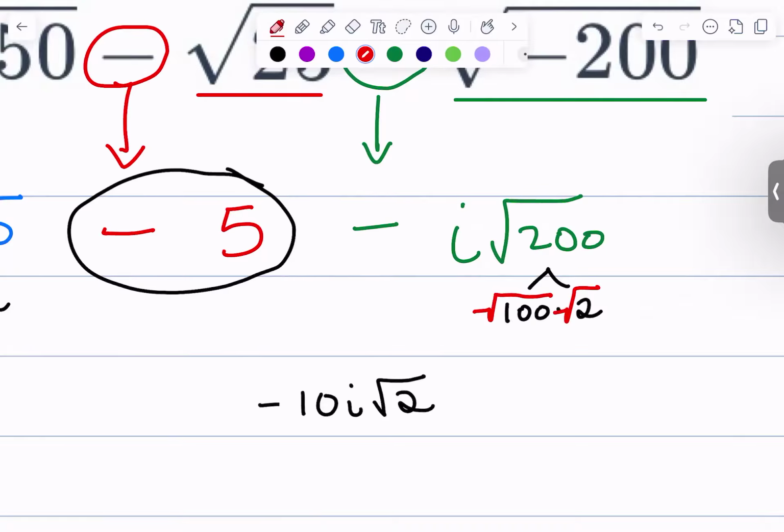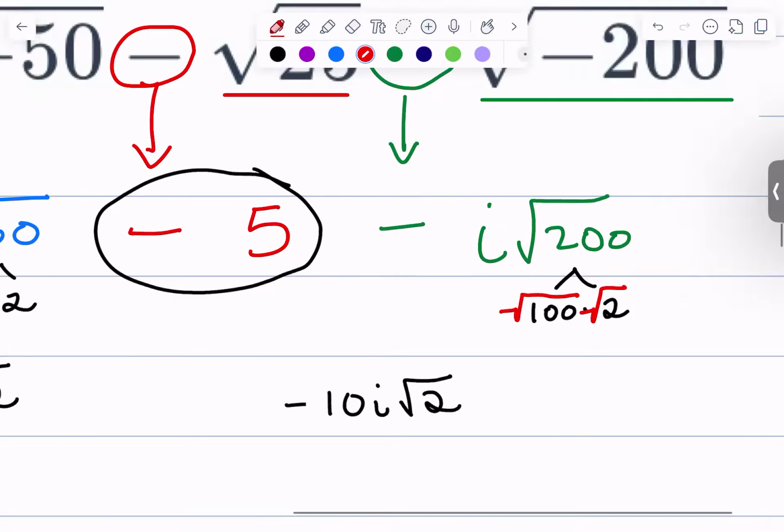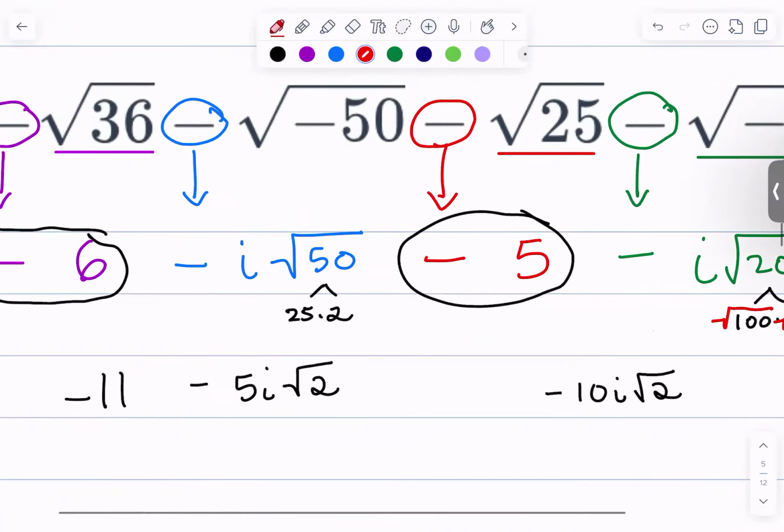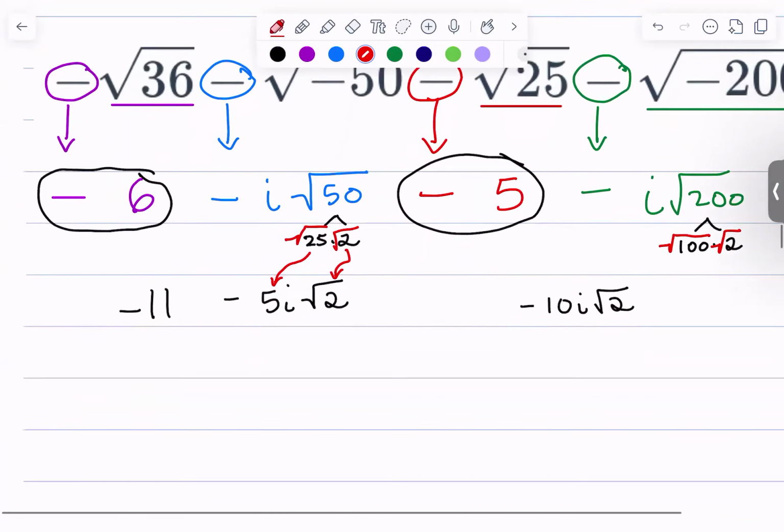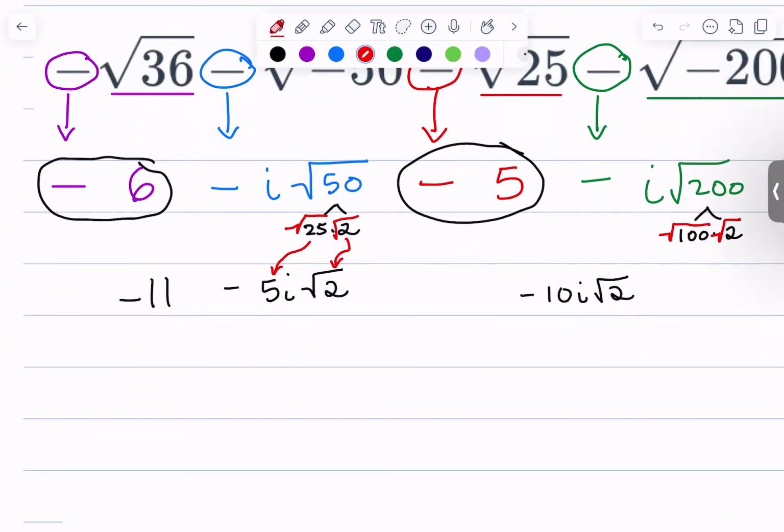Square root of 2 is just left as square root of 2, just as with the 25, the square root of 25 is 5. So this part goes here, and then the square root of 2 is just left inside. Right? So I have negative 11 minus 5i square root of 2 minus 10i square root of 2.